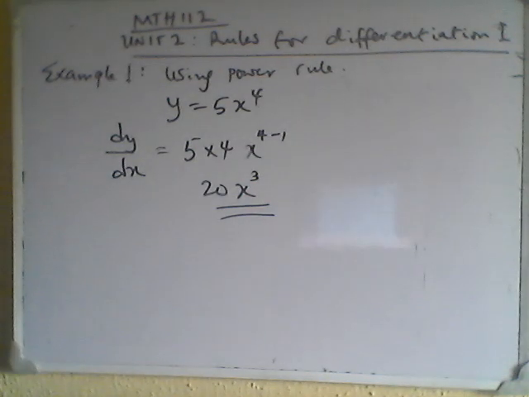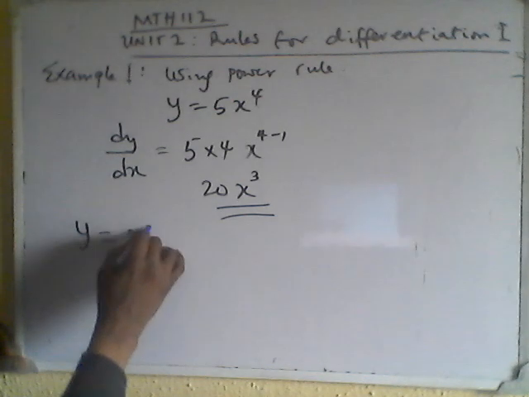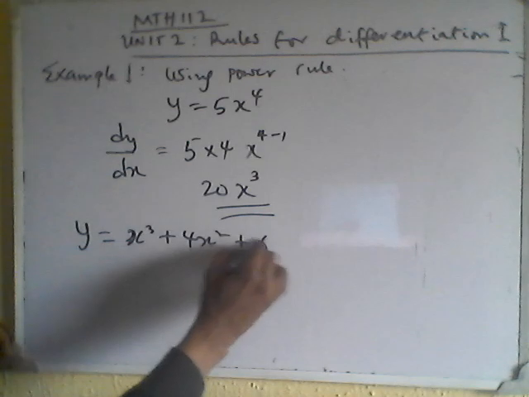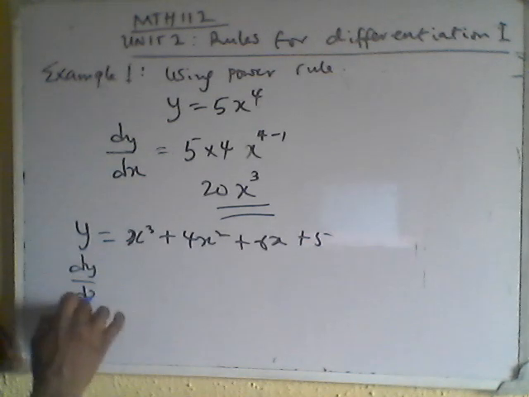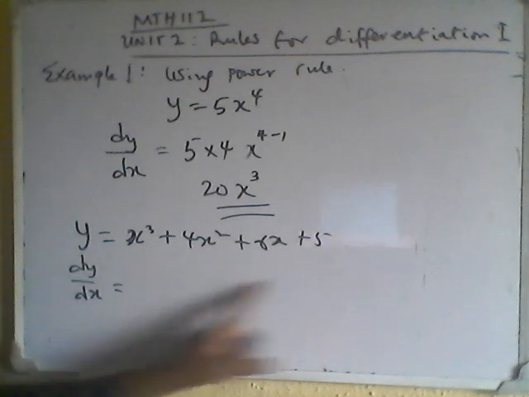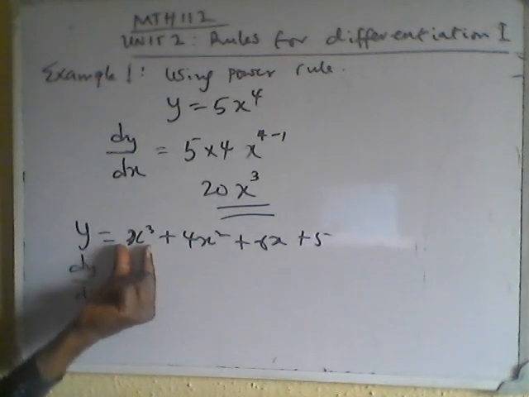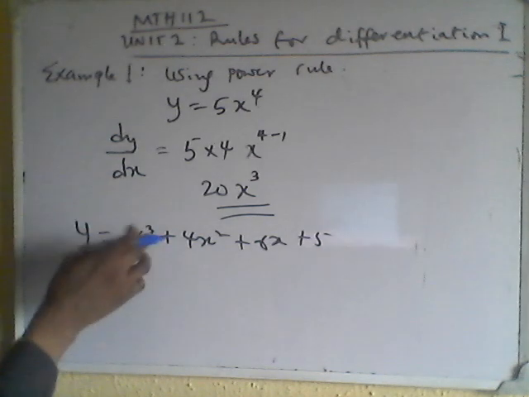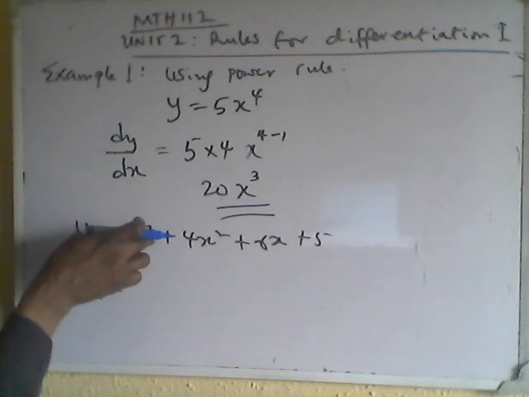Now if I have this other function, y equals x cubed plus 4x squared plus 6x plus 5, for instance. To find dy/dx of this, I'm going to be differentiating all these terms individually, one by one. So this first term, x to the power 3, is the same thing as 3 times 1. 1 is the coefficient of x, and 3 is the power or the exponent.